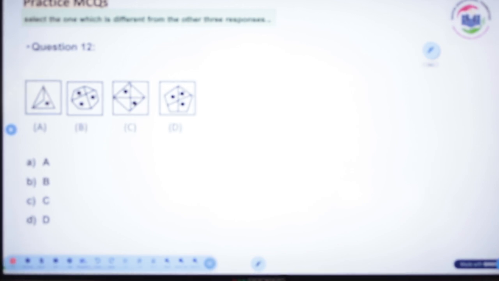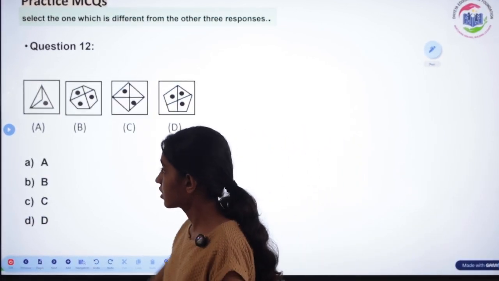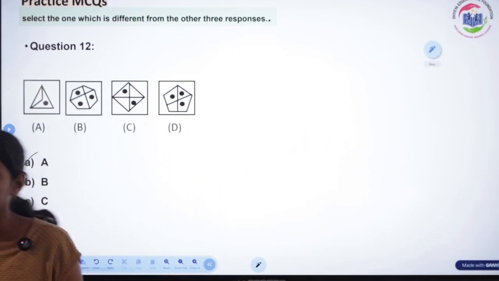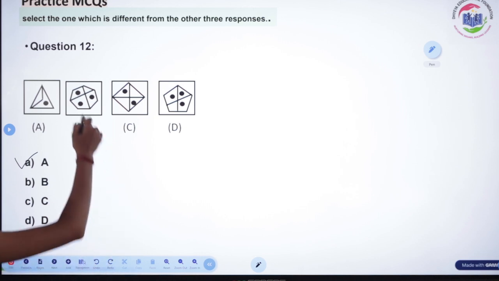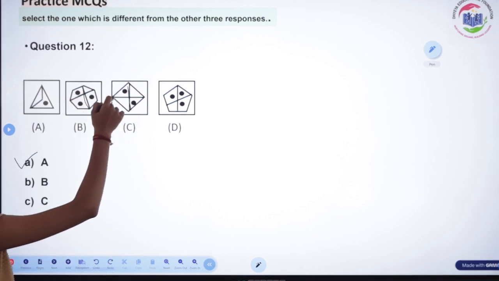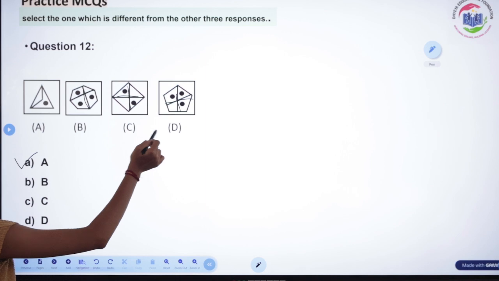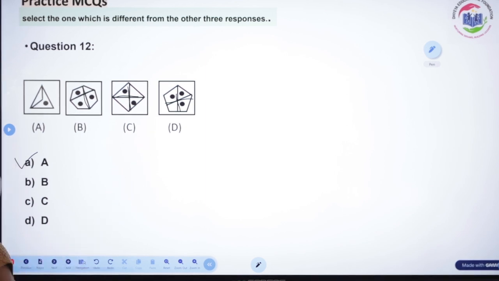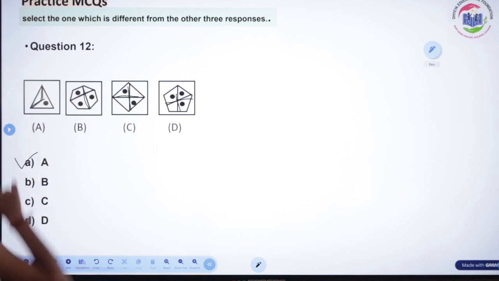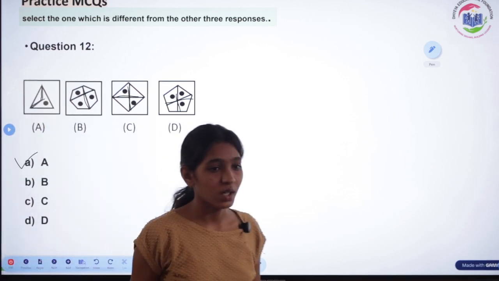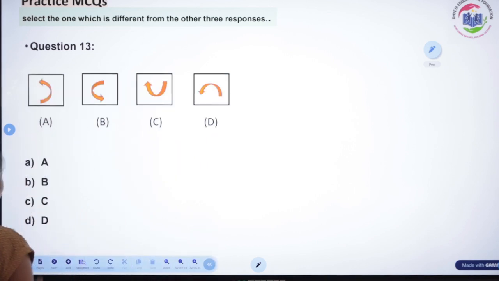Option A is the odd one out, because as you can see, the others use 1, 2, 3, 2 lines for each, and it touches two edges. But here it uses 1 and 2, and it only touches one edge, not two edges. Because of this, option A is the correct option.